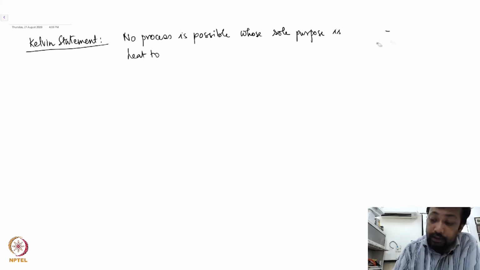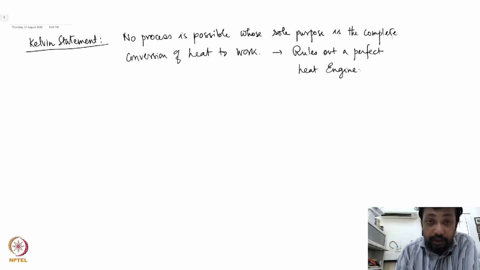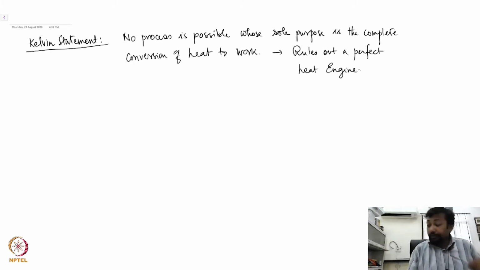This essentially rules out a perfect heat engine, because this tells you that the efficiency of a heat engine must be less than 1.